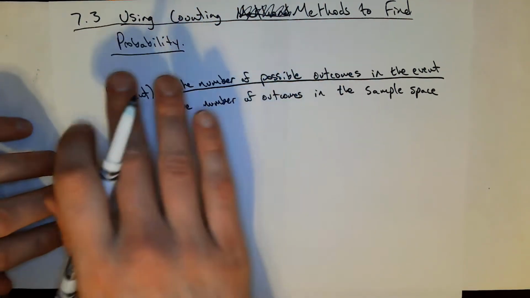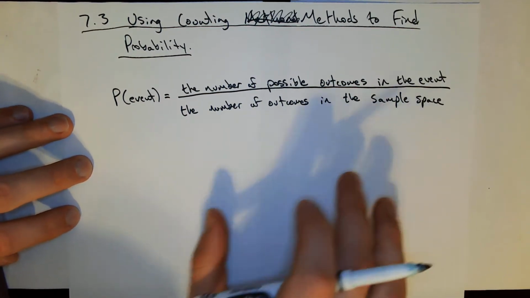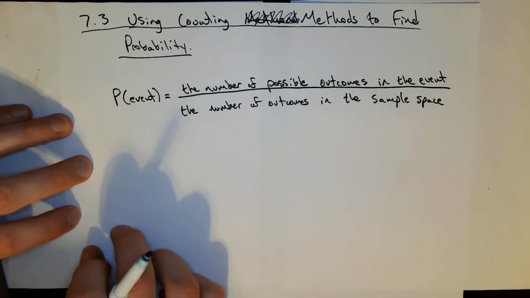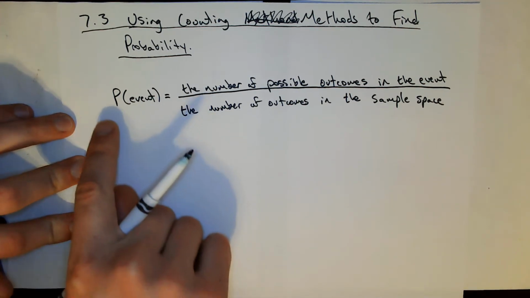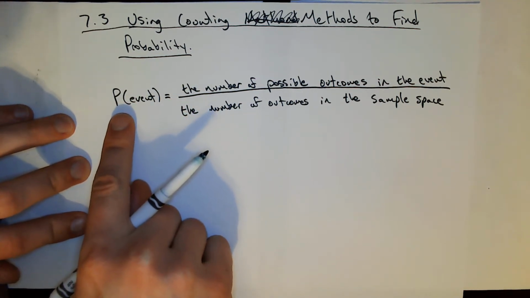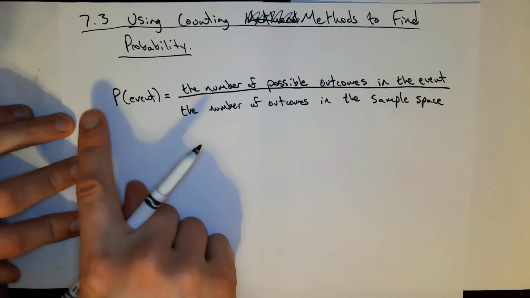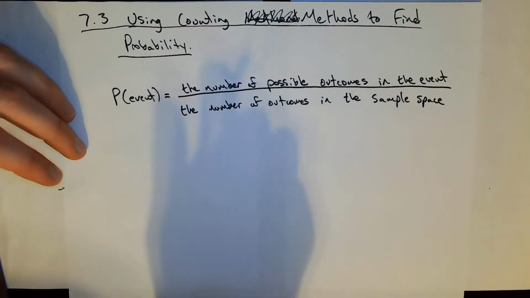So what we're going to be doing in 7.3 is going to seem relatively easy because all of the hard work has been done in 7.2. All we're going to be doing here is actually finding probabilities for the types of events we were discussing in 7.2.